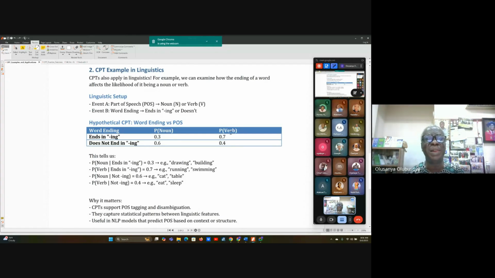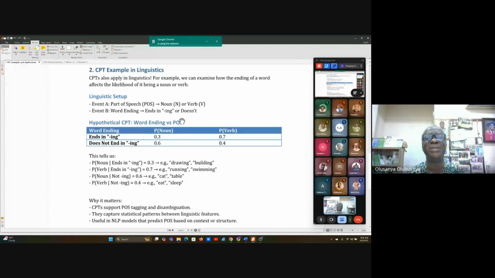So the same thing here. If it does not end in ing, the value here is saying there is a 60% chance the word is a noun. And here it is saying there is a 40% chance that the word is a verb.